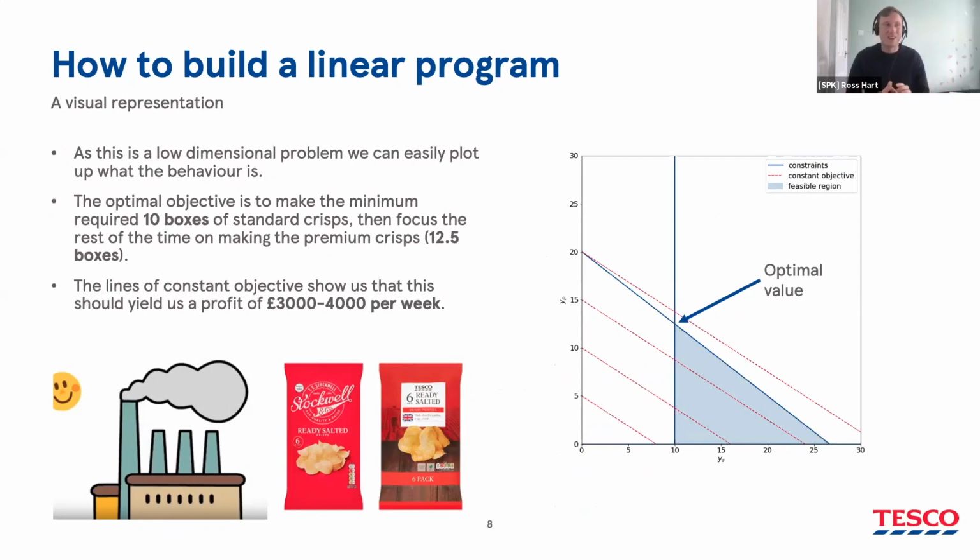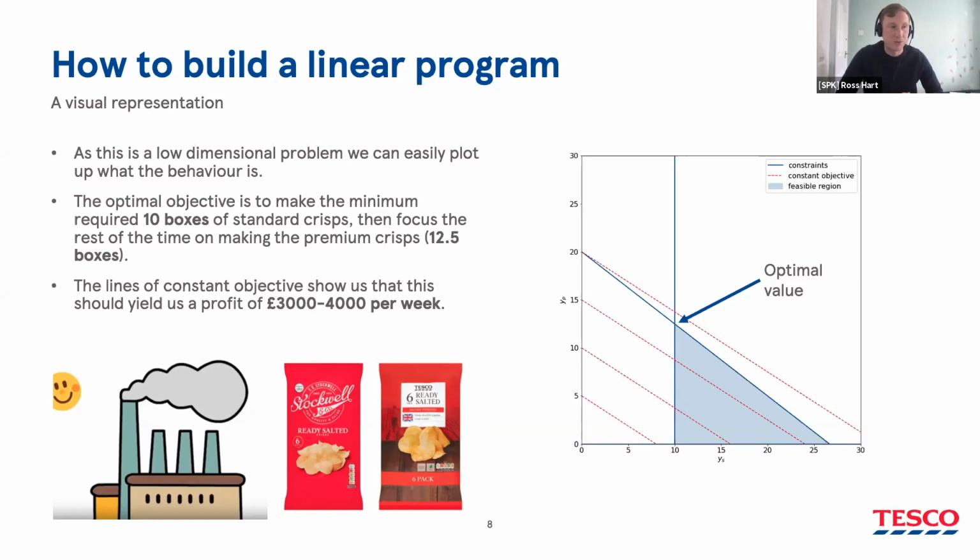So we have this vertical line here, which is at 10, which basically tells us that we can't make any less than the 10 units that we've been asked to make of the standard product. The blue line that's diagonal is effectively constraining our factory production limit. And the red lines show lines of constant objective value.